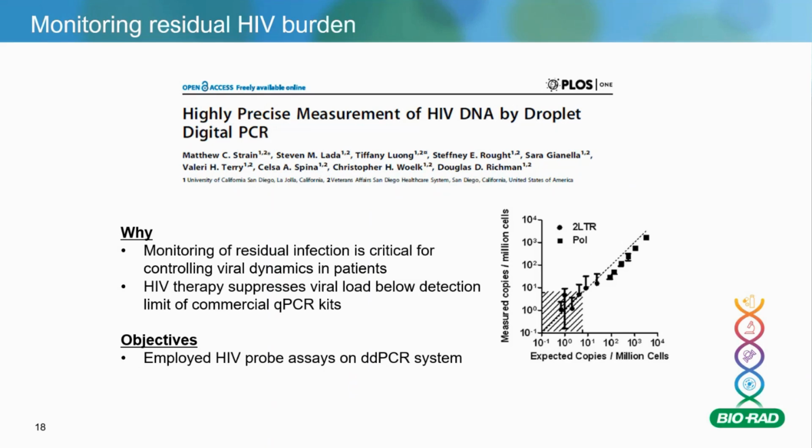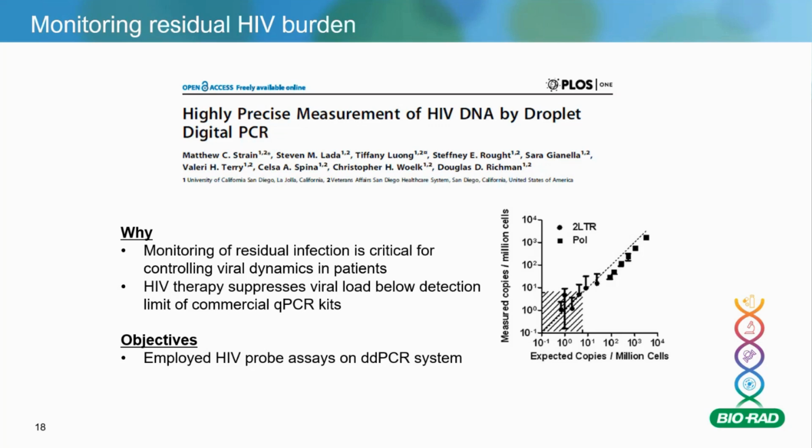The problem is that the existing therapies result in suppression of the viremia particles below a level of detection that the current commercial assays can detect, and they have high measurement variability. So the solution is to use a published probe assay with the ddPCR format.